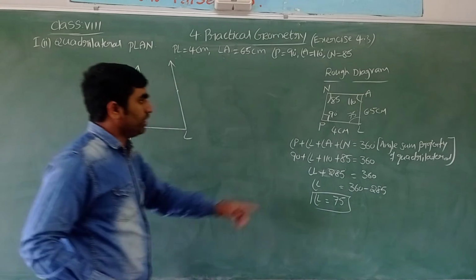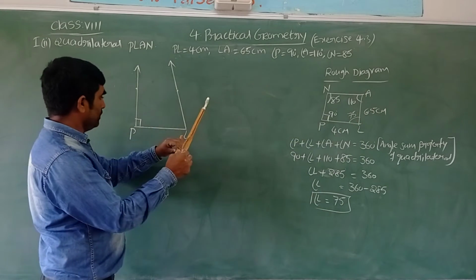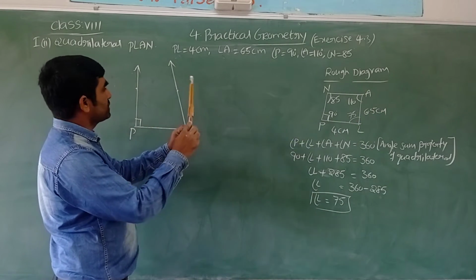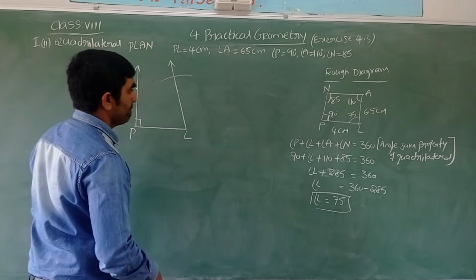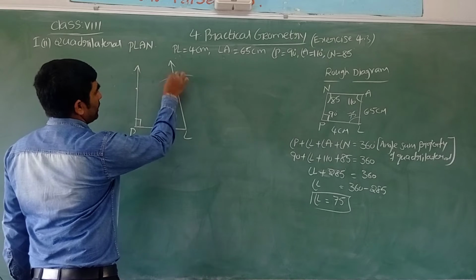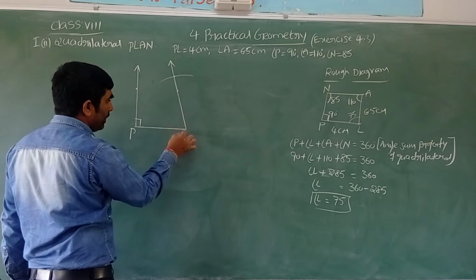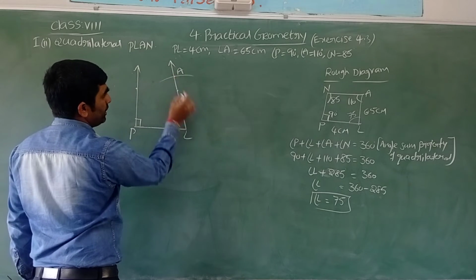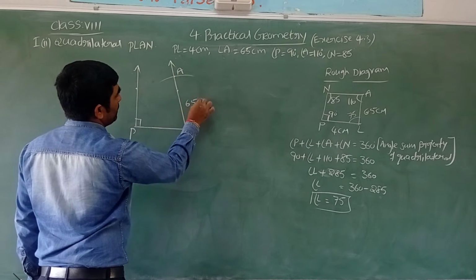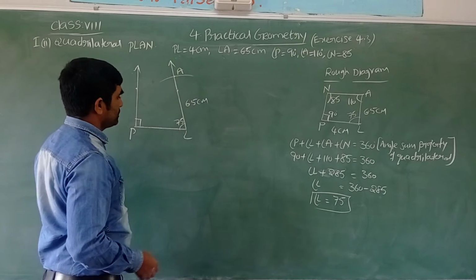From vertex L, draw one arc, and this arc intersects the ray. Name the intersecting point of ray and arc as A. LA is 6.5 centimeters and angle L is 75 degrees.